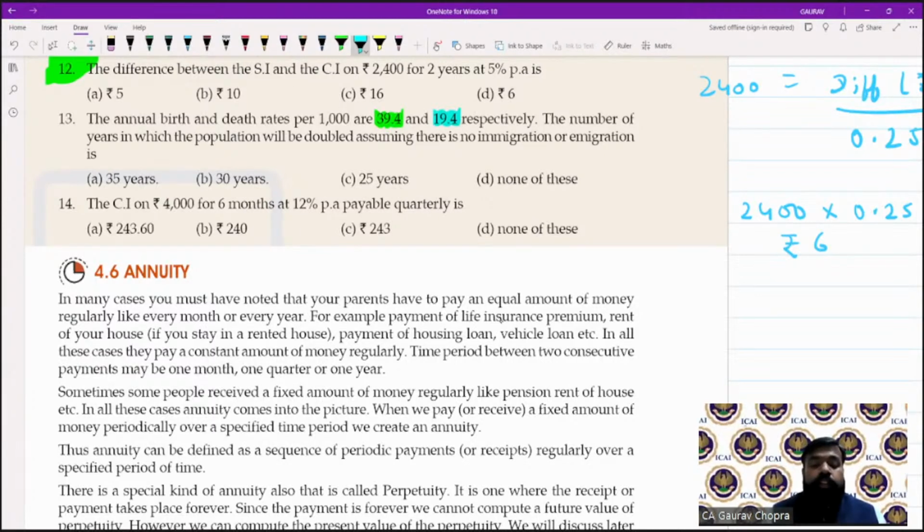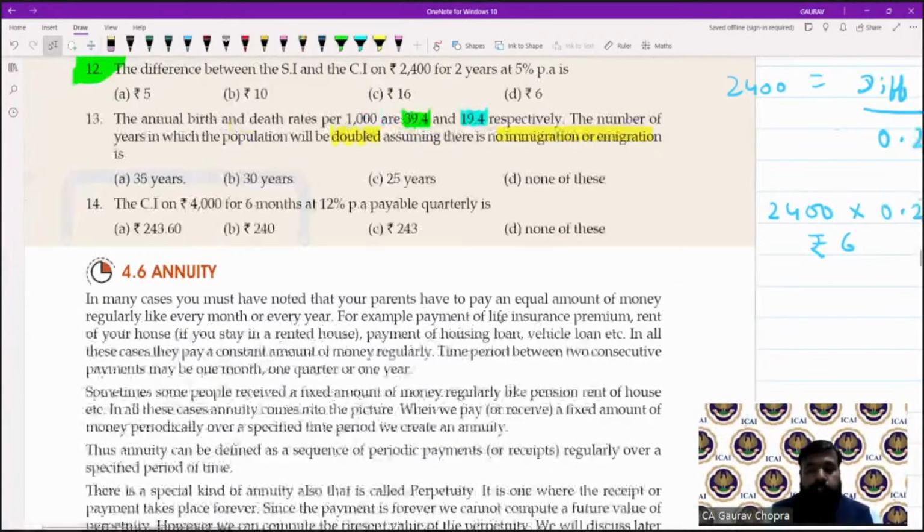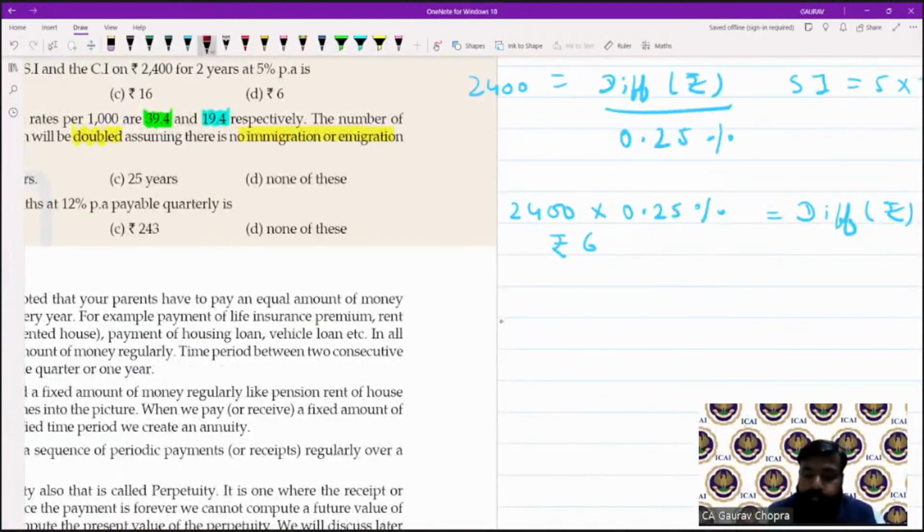Now find the number of years in which the population will be doubled. So what is the requirement? That the population should be doubled. Assuming that there is no immigration or emigration, meaning people have not left our country and no one has come from outside, what changes in the population? Only the people who are born are added, and those who die are subtracted. This is the situation. So first of all we have to calculate the growth rate. So the first step is the calculation of the growth rate. Now, how to calculate the growth rate?